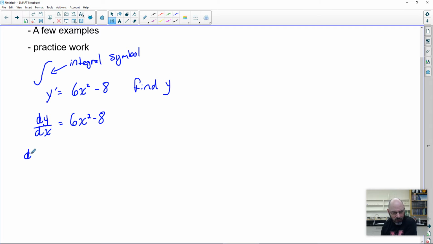We can say that dy equals this whole thing times dx. So we're just multiplying the dx in the bottom. Now, if we want to go back to y, we can integrate this and we can integrate this. So let's do it up here.